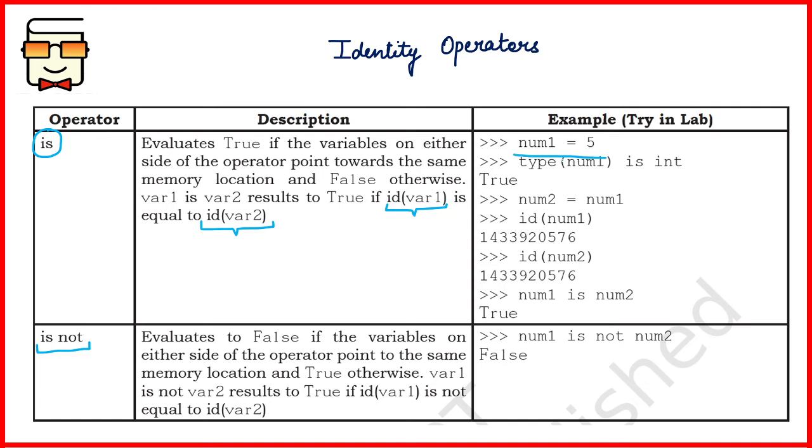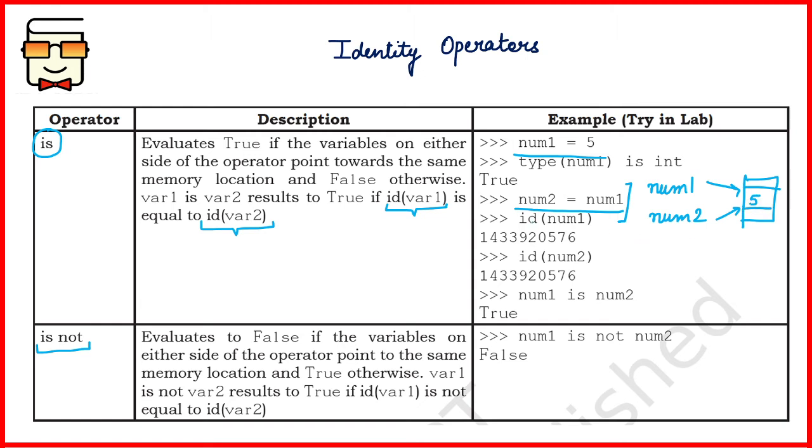Num1 is a variable assigned an integer value 5, and num2 is assigned the value that is contained in num1. In the previous lectures we have seen that in this kind of assignment, both num1 and num2 point to the same memory location that contains the value 5.